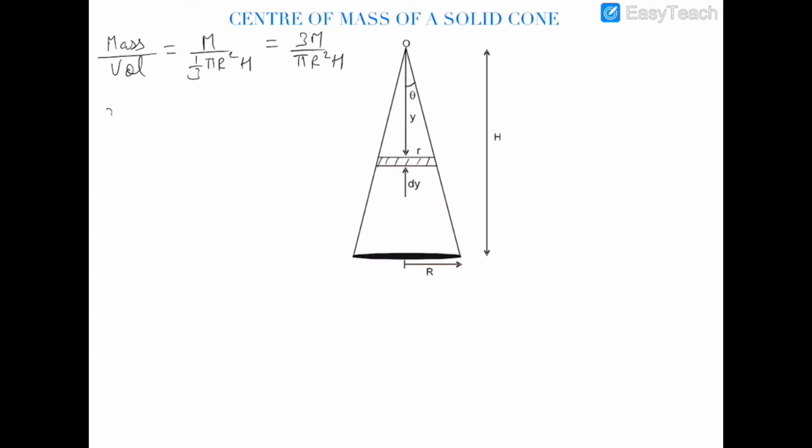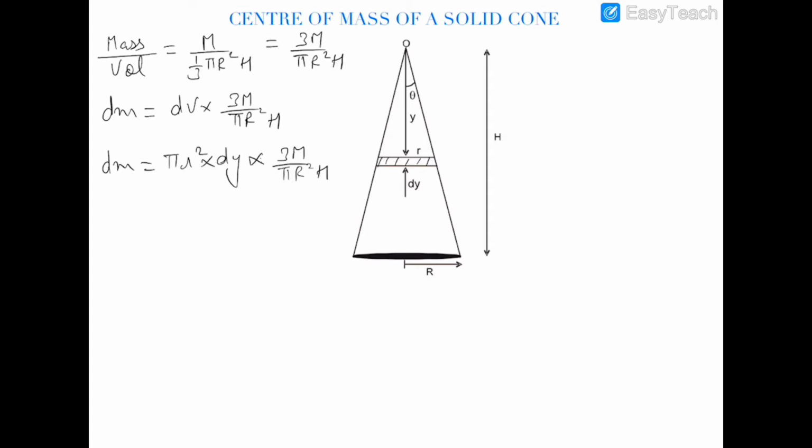And the mass dm of this elemental disk will be equal to its volume dv into 3m by pi R square h. Therefore dm will be equal to, now dv is pi r square, area, into width dy, into 3m by pi R square into h.